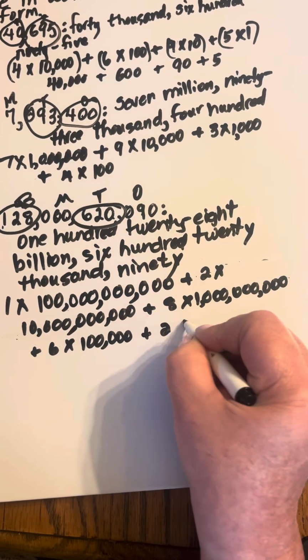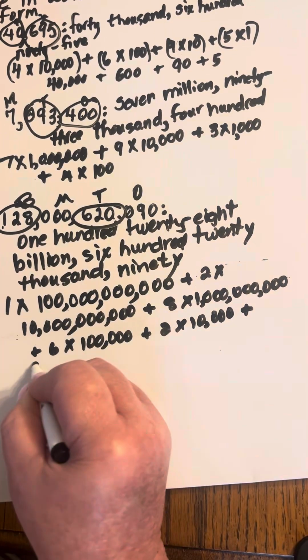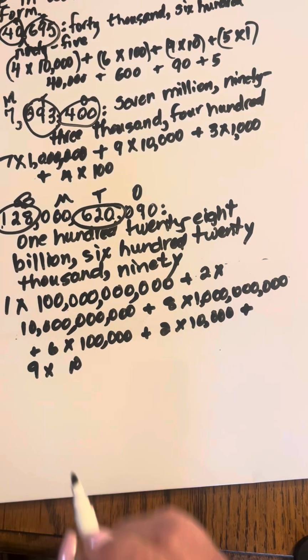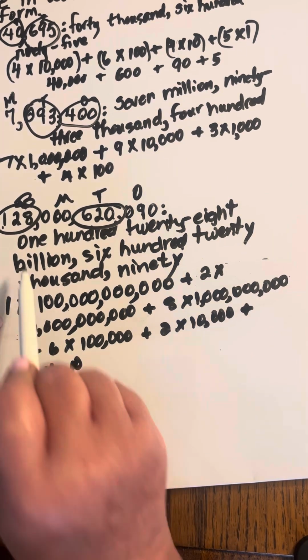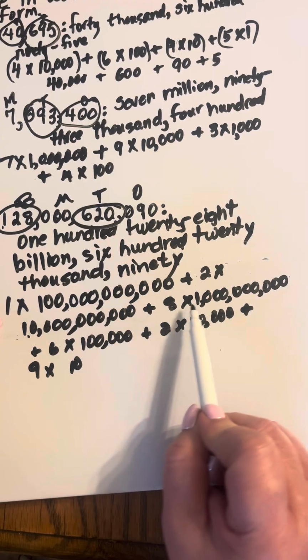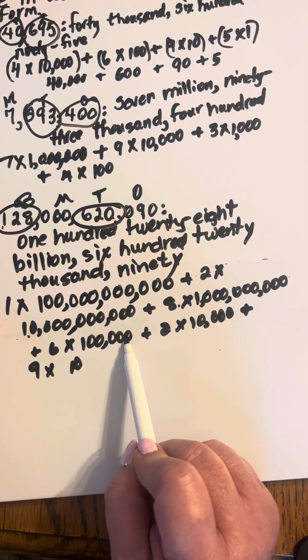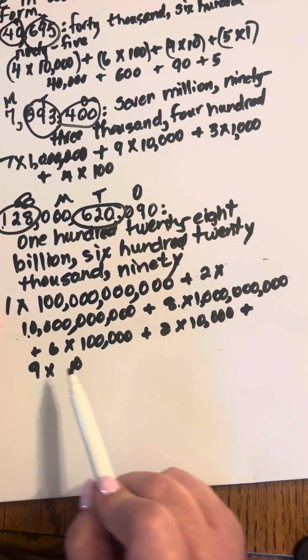Plus 2 in the 10,000s. Plus 9 is in the 10s. Now let me go back. I have 1 times a billion, 100 billion, 2 times 10 billion, 8 times 1 billion, 6 times 100,000, 2 times 10,000, and 9 times 10.